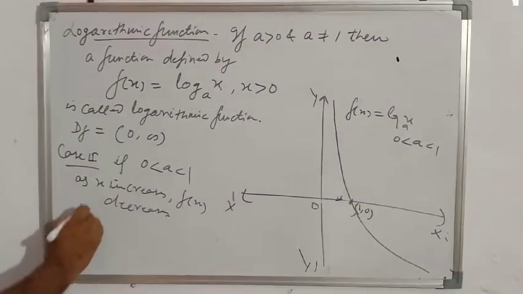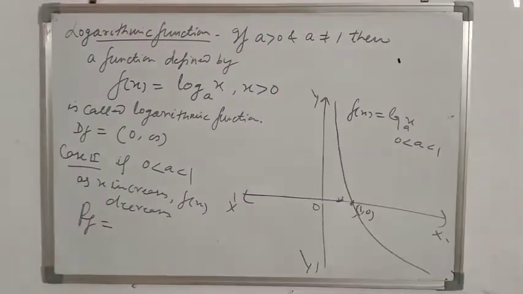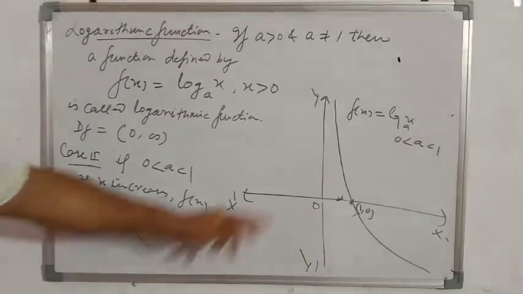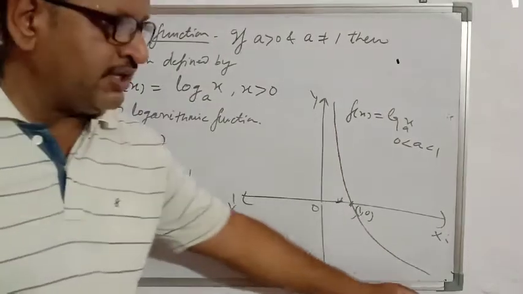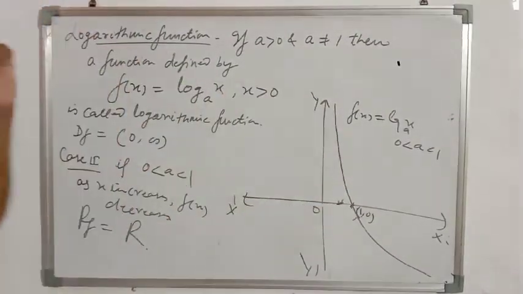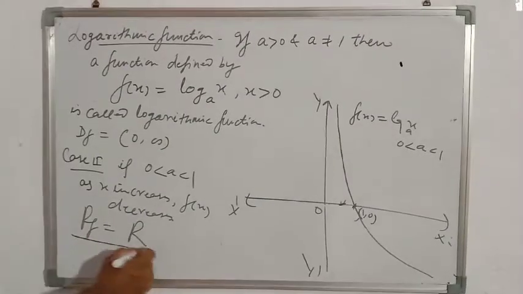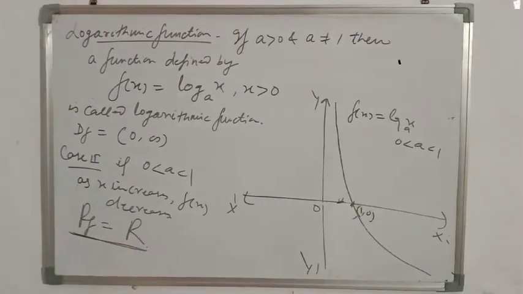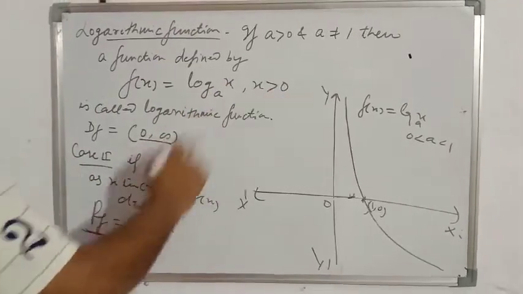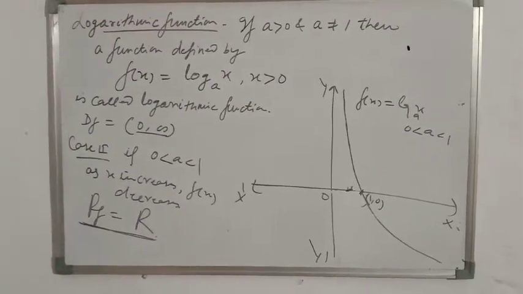What is the range? The range of this function is the whole set of real numbers, minus infinity to plus infinity. But the domain is 0 to infinity, meaning only positive real numbers.